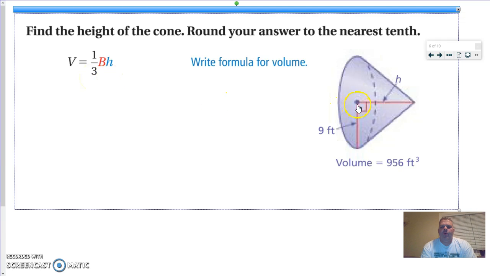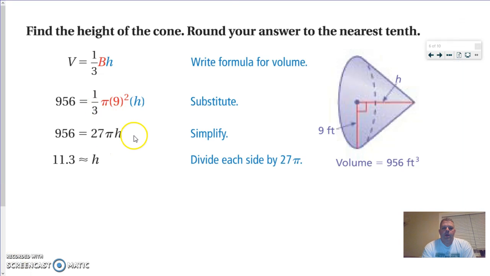We know that the radius is 9, so we will substitute in 1/3 9 squared times h. Again, you can see 956 is the volume. The radius is 9. We keep the 1/3. We put in our pi, and we've got h. So this is 81 divided by 3.